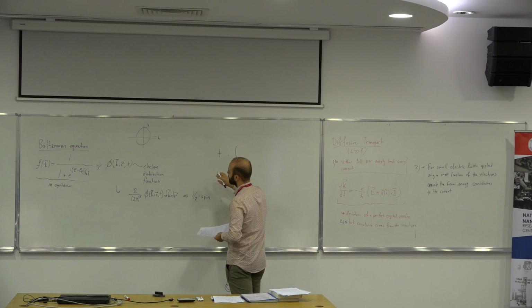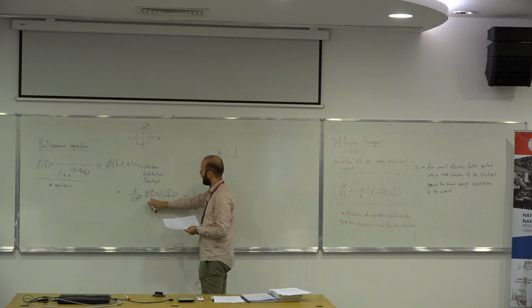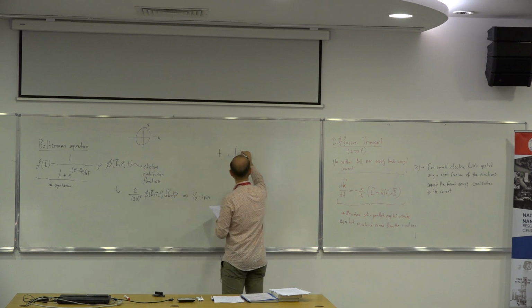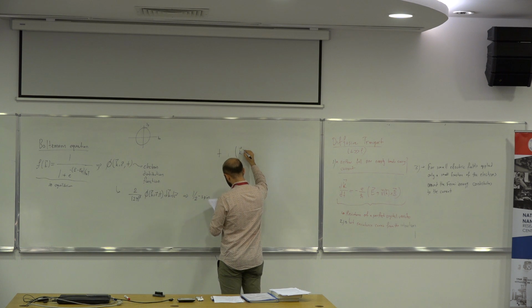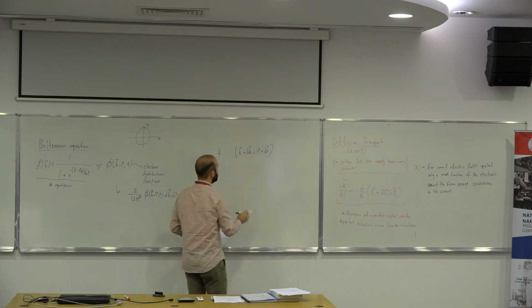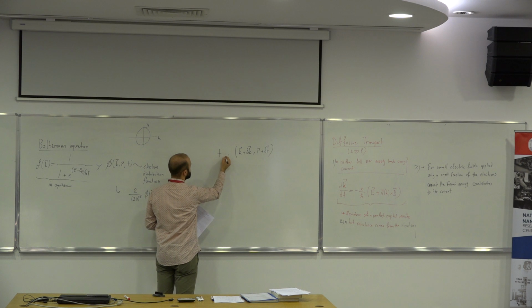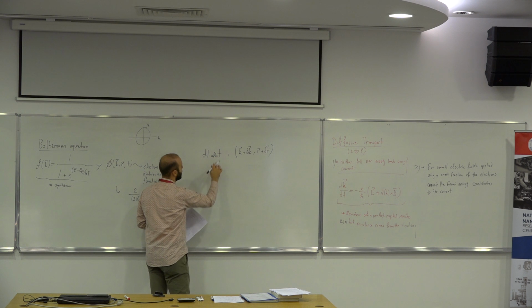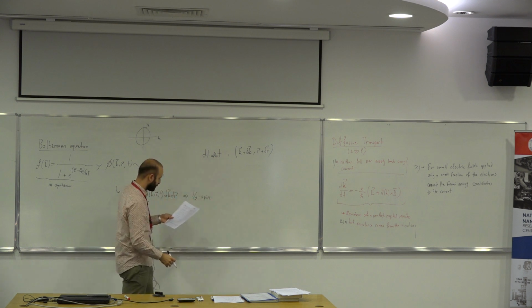If I consider this K and R, this K will be displaced by a displacement vector, and my position will be changed by a displacement vector. So this is some delta t after some time t, okay?